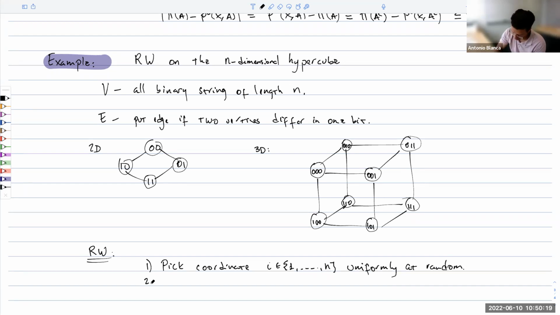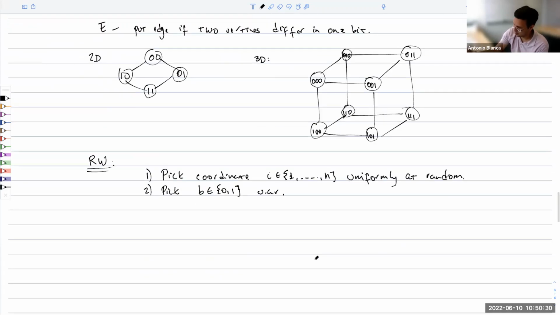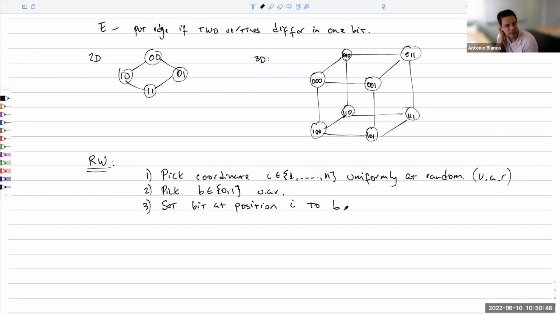We also pick a new value for that coordinate, a new bit, b in {0,1}, uniformly at random. And then we set the bit at position i to b. Okay? So that's the random walk on this graph.